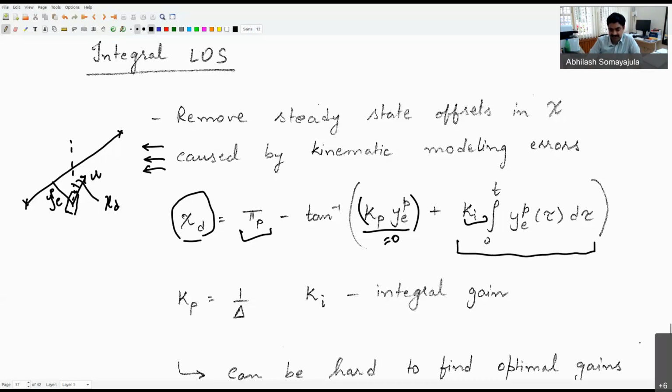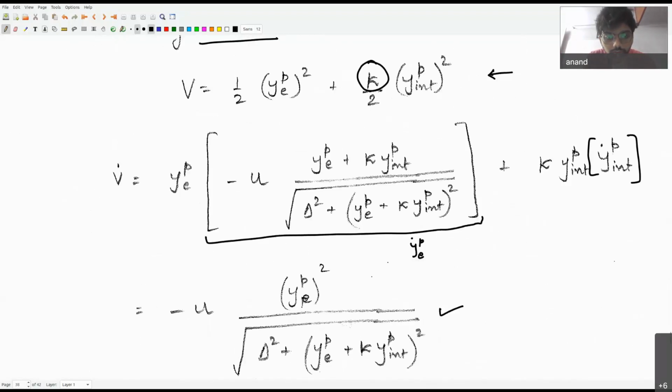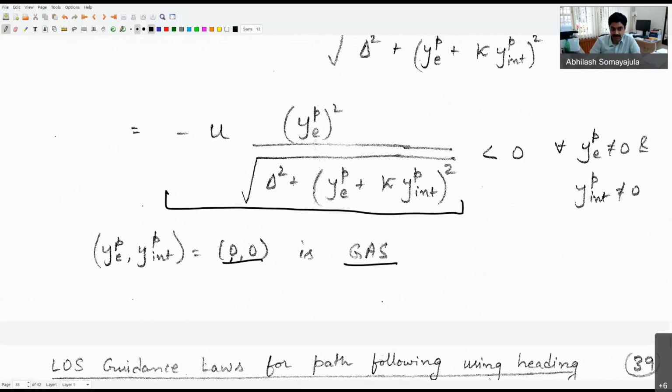Sir, could you go to the last equation that you wrote? This one right here? Yes, sir. So why should yp int be 0, sir, for this term to be negative?